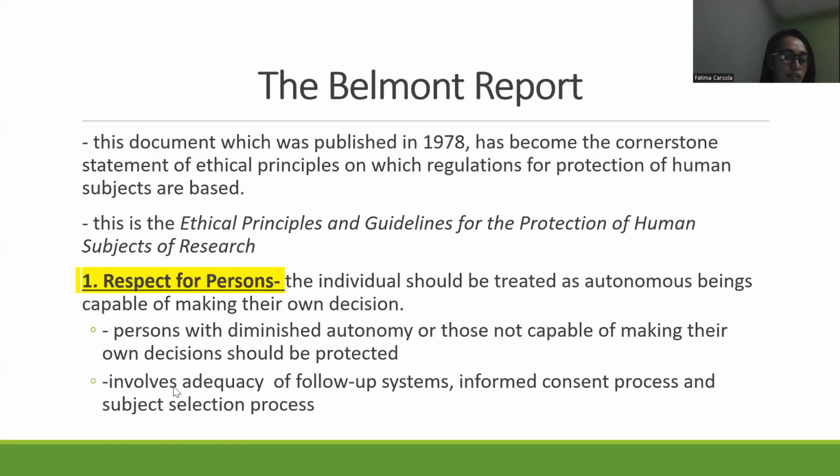So what is all about the Belmont report? The Belmont report could begin by stating that scientific research has produced substantial social benefits. The Belmont report is a document that was published in 1978, and that has become the cornerstone statement of ethical principles on which regulations for protection of human subjects are based.